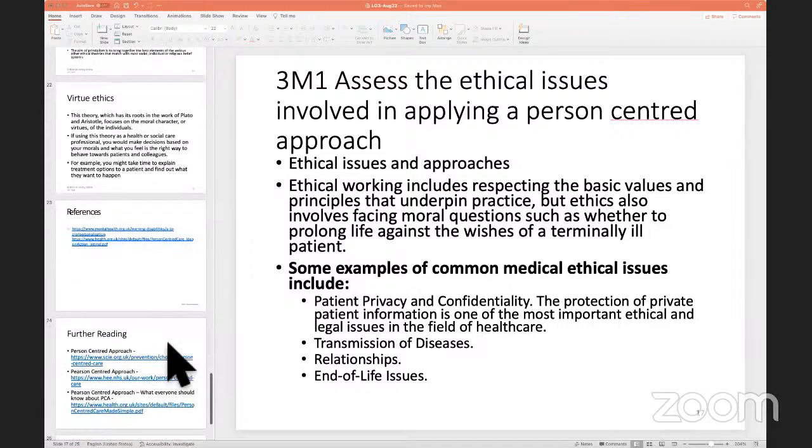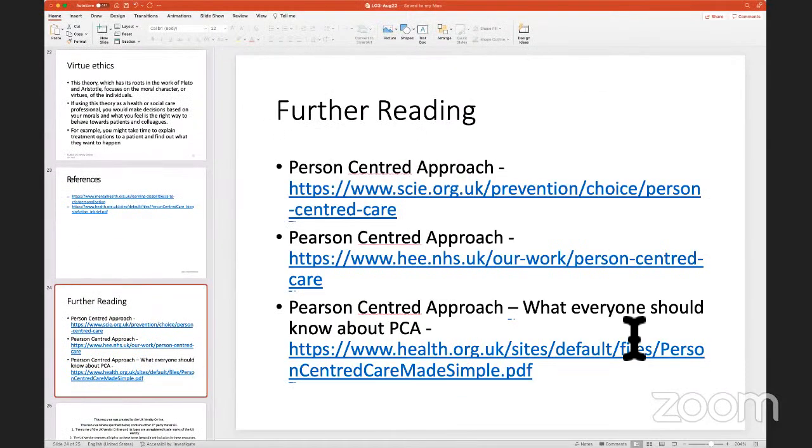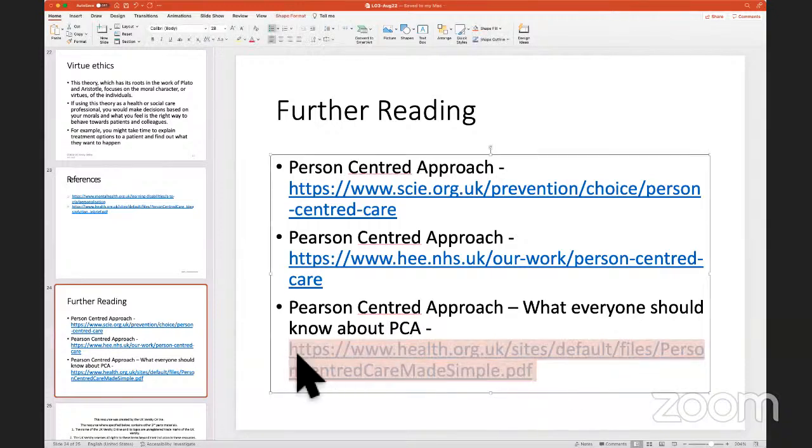Now, there are some bits of additional reading which I put in here as links to the website, which will allow you to understand this particular learning outcome in a bit more detail. And this is for self-study, including the article, which is the PDF which I've shown earlier, which I would suggest you go through to crystallize the understanding of how the person-centered approach is applied in a health and social care setting, specifically related to the UK.